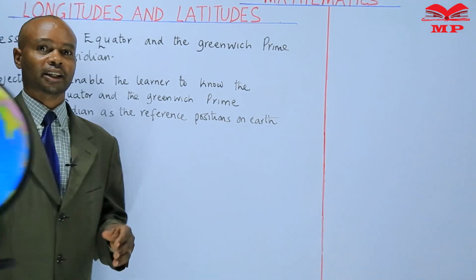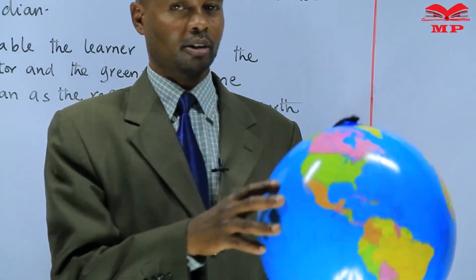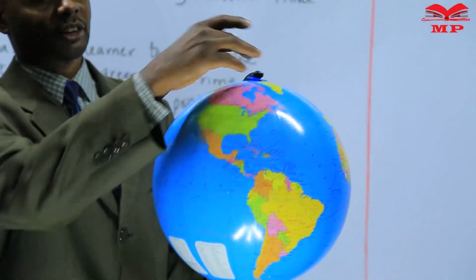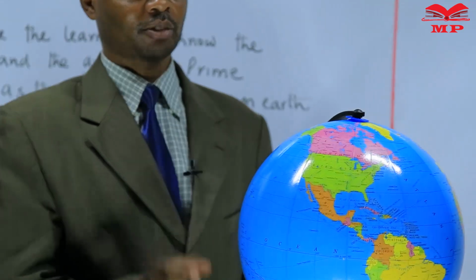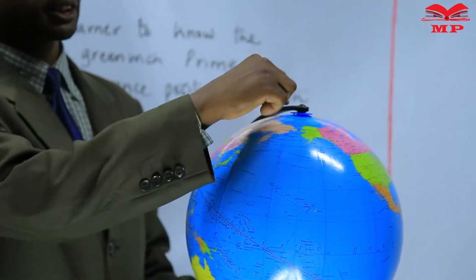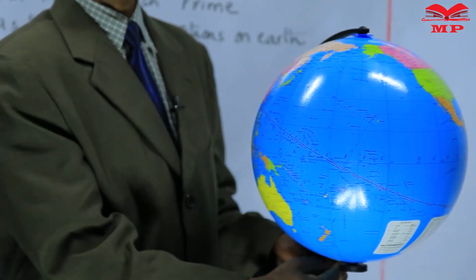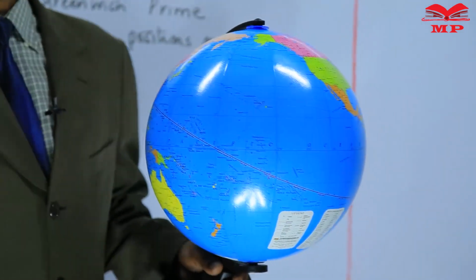So straight again to our globe, the classroom globe. Earlier I had said this is the North Pole and that is the South Pole. To make you understand what I'm going to talk about, there are those lines that run from the top going to the bottom.